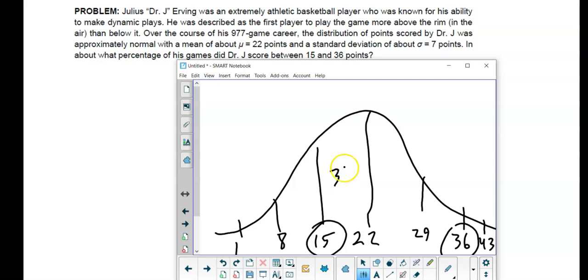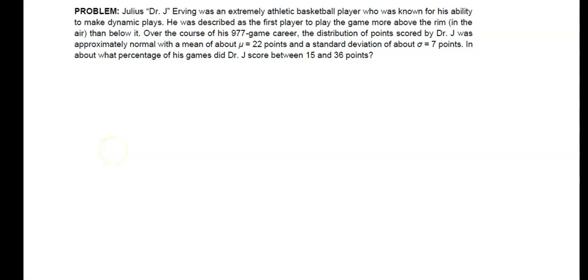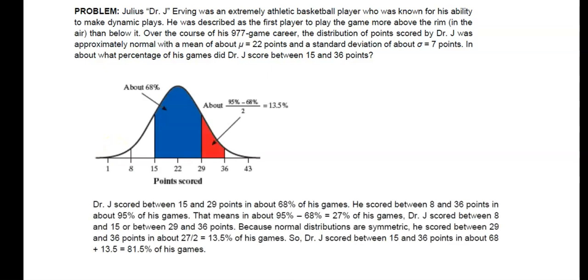So remember, 34% is here, 34% is here. I think that was 13.5 right here. So if you do it that way, you add those numbers up and you get it. That's the way I do it, I just have those numbers memorized.